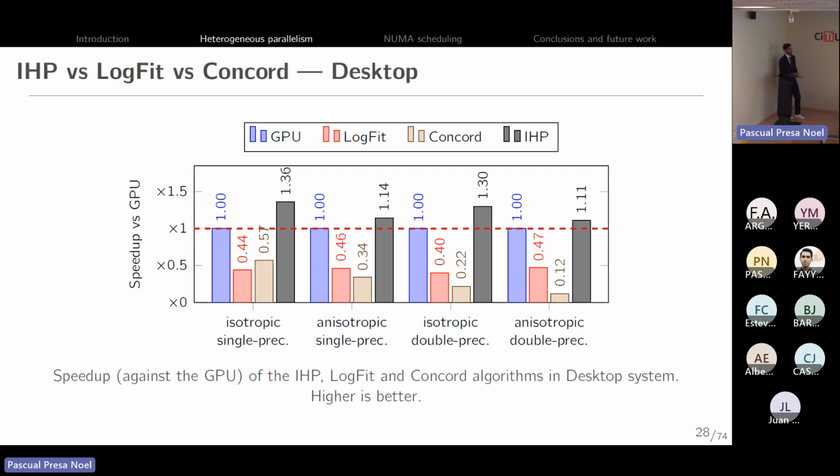Sí. En el caso de Logfit y de Concord, son librerías para el reparto de carga entre CPU y GPU de propósito específico. Puedes distribuir la carga de un bucle for cualquiera. La restricción mayor que tienen estas dos librerías es que están particularmente pensadas para tarjetas integradas, y no encontramos ninguna otra que lo hiciera también para tarjetas discretas.